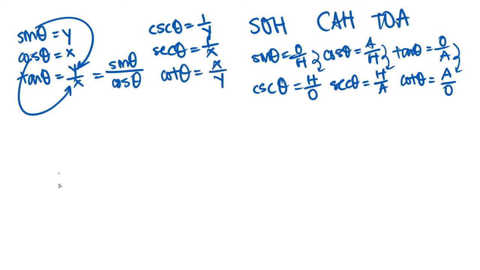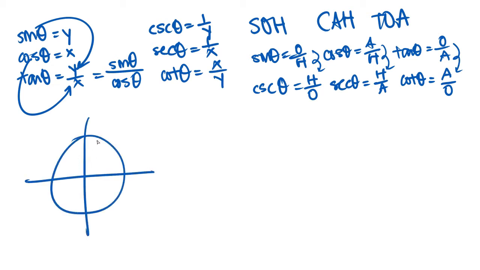Okay, so if I had a unit circle, I'm just going to quickly draw one, and let's choose a random angle, pi over 3. The coordinates of this are square root 3 over 2 for the y, and half for the x, because square root 3 over 2 is longer than half, right? So we have half, square root 3 over 2.